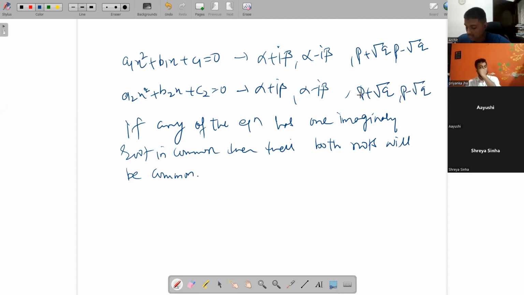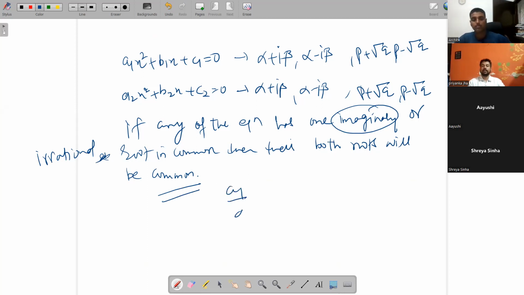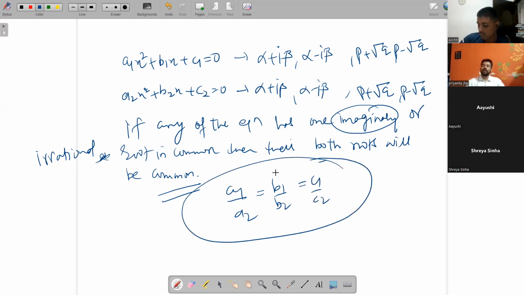So again, if any of the equations has an imaginary or irrational root in common, then both roots will be common, and we'll apply the condition a1 by a2 equal to b1 by b2 equal to c1 by c2. So this is all about the condition for common roots.